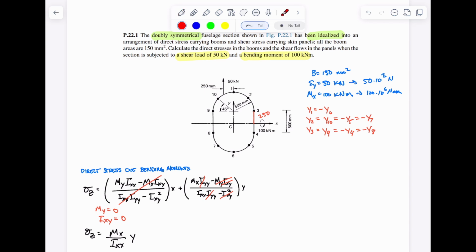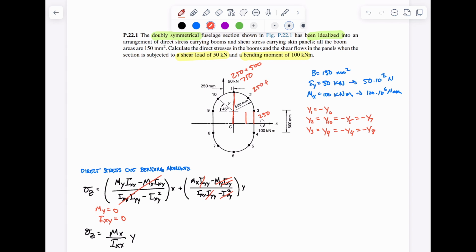Let's do boom 1 first. The distance from boom 1 to the centroid is 250 plus the radius. It's given here as 500, so 250 plus 500 is 750. All right, for the distance of boom 2 from the centroid, we know that from here to here is 250.